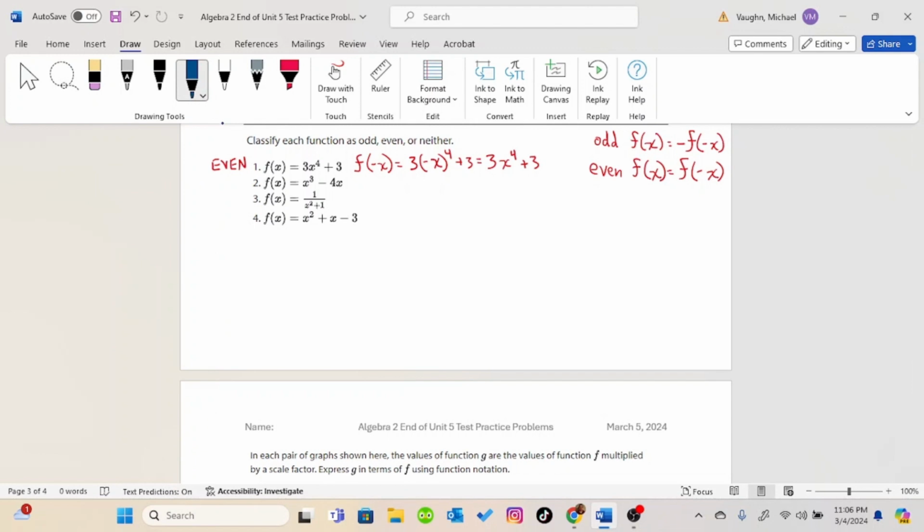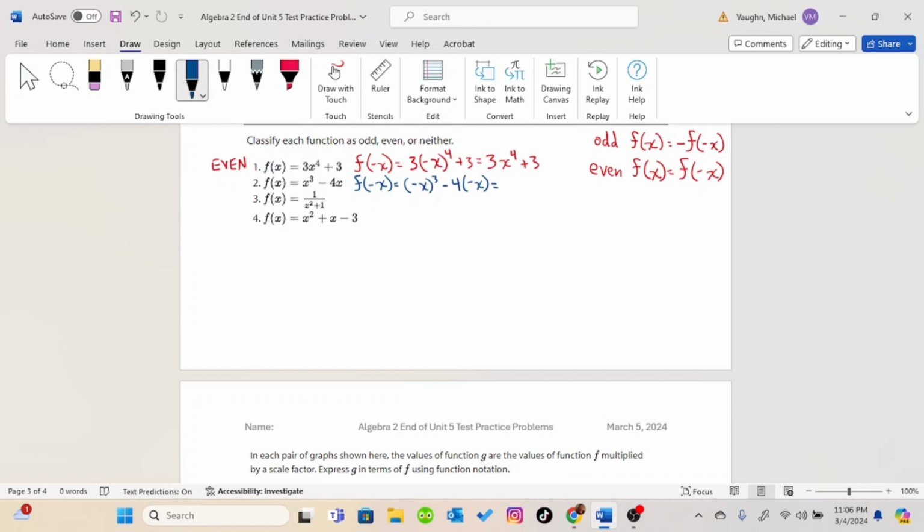Number 2, f of negative x equals negative x cubed minus 4 times negative x.